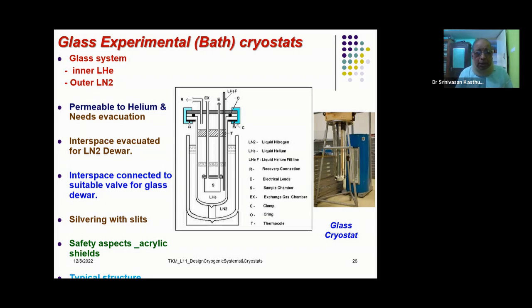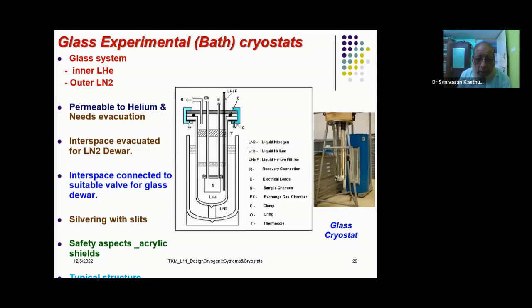Now helium, as I have mentioned, is permeable from the helium chamber into the vacuum chamber. Therefore, that interspace needs to be evacuated as and when required. In this case it's not shown, but it needs to be evacuated.